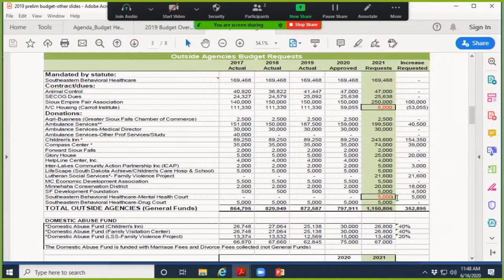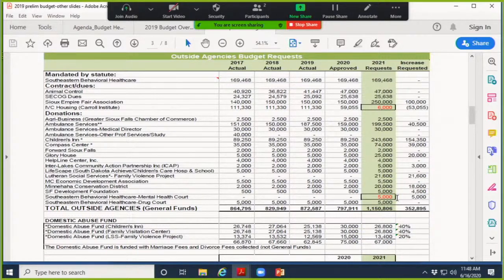Okay, so you're suggesting we approve 2% over current funding levels for 2021 with the exception of IVC, which we would put at the $6,000 level, and we would go ahead and add the mental health court for Southeast Behavioral Health. Yep. 2% across the board, including ambulances. Well, you could go ahead and put that in for ambulances right now, since it's kind of a placeholder, yeah.